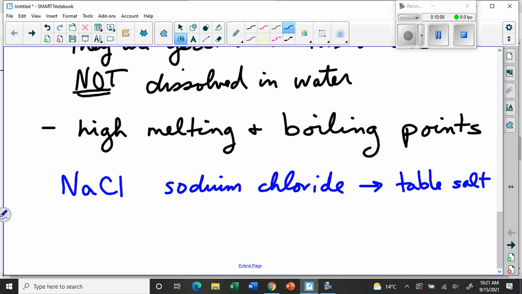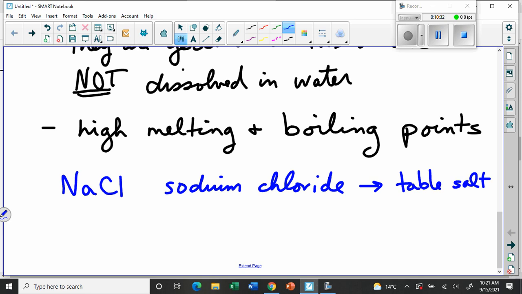In chemistry, we use the word salt to mean any kind of ionic compound. But in our real lives, we use the word salt to describe only this one. See? Real life is not the same as science sometimes. So we call this salt, but when you hear the word salt in chemistry, that implies any ionic compound. It can also be called a salt.